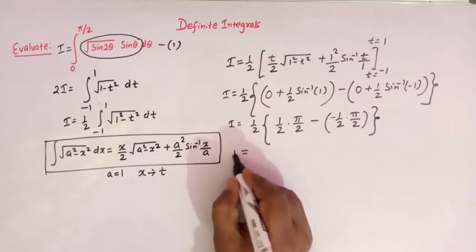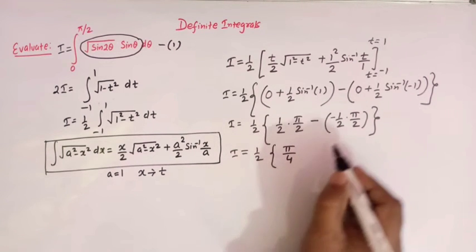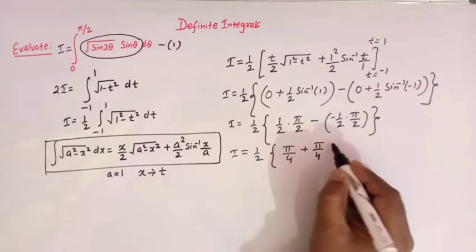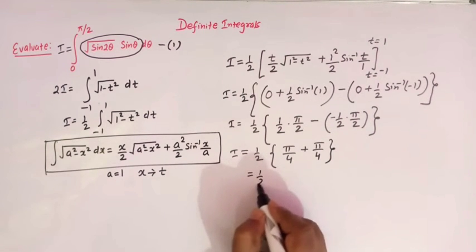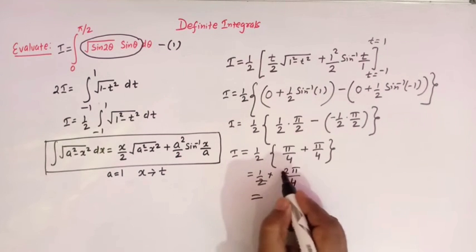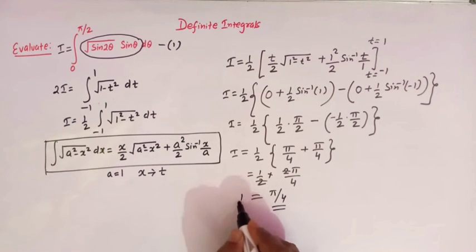And now it can be simplified as pi by 4 plus pi by 4, right? And this is half times 2 pi by 4, and 2 and 2 get cancelled, and we are left with pi by 4, right?